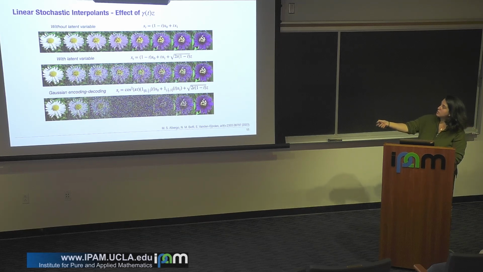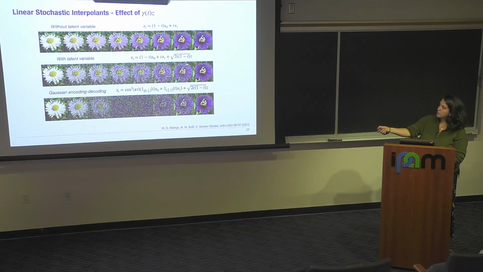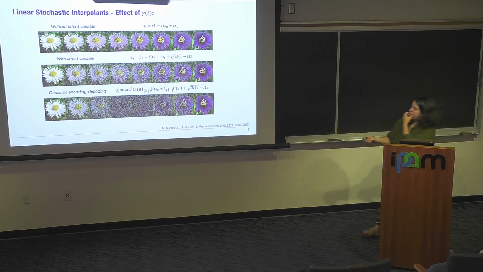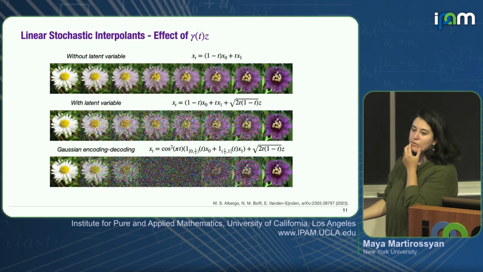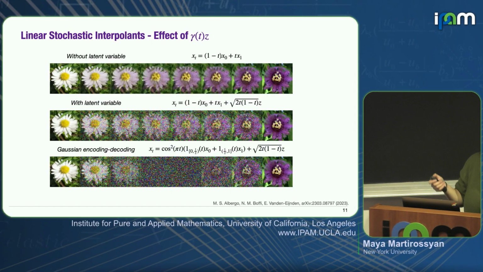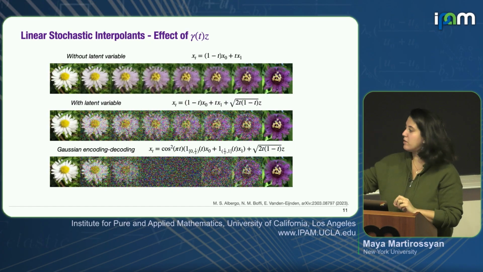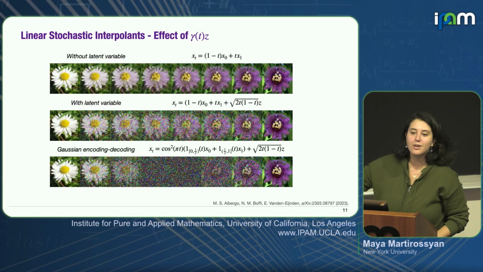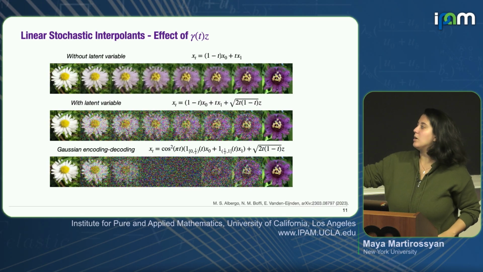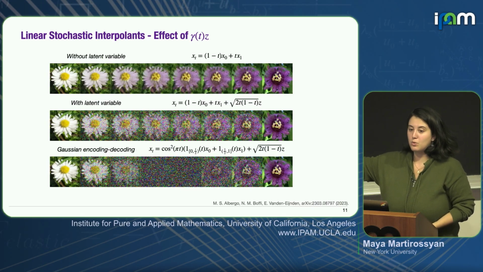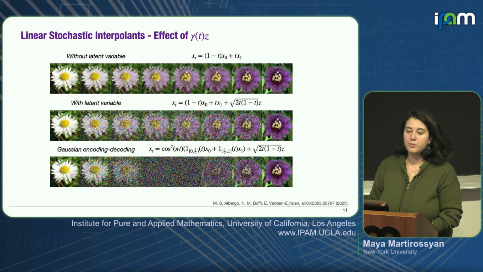Here, no latent variable: this is just conditional flow matching. Here we have this latent variable, and it means the flower gets partially noised as you go along, and then unnoised and turns into the other flower. So this is the very general idea here. The bottom is the encoder-decoder one that I was mentioning earlier. This one goes fully to noise in the middle and goes back out. We really thought that one would work quite well, but it didn't.